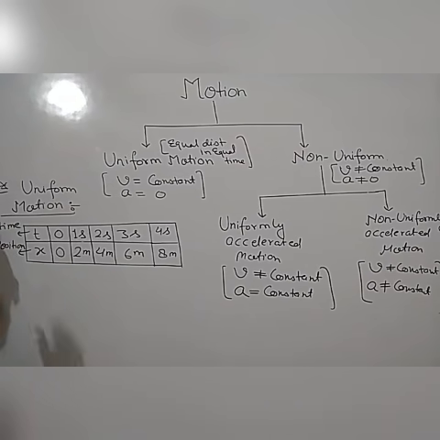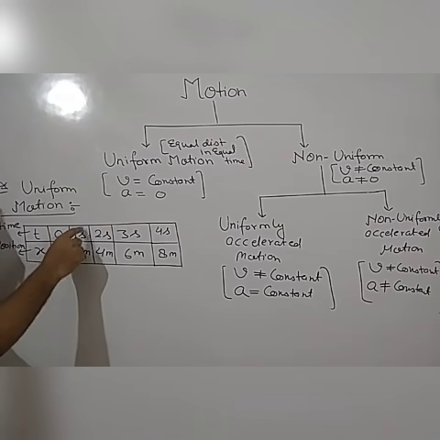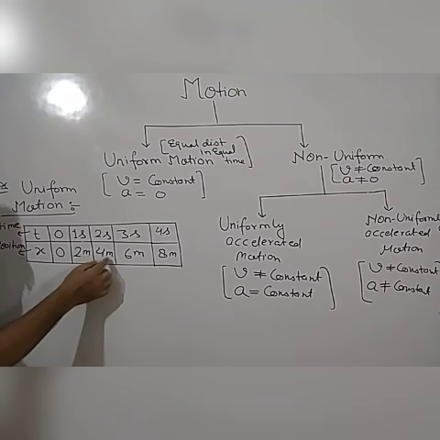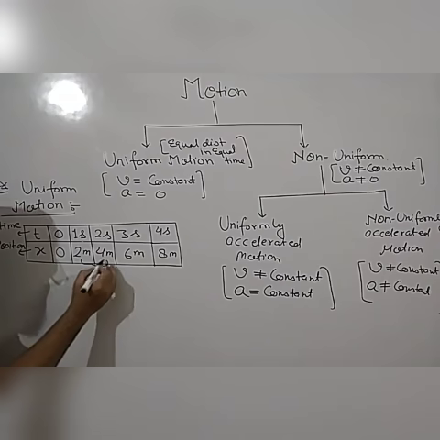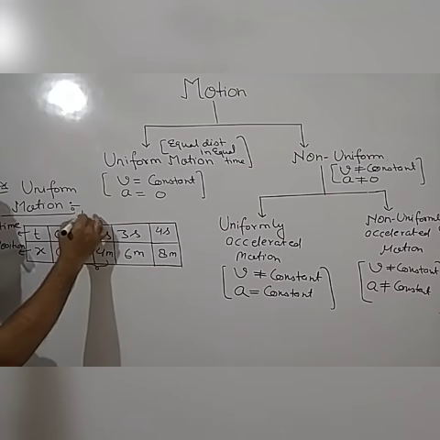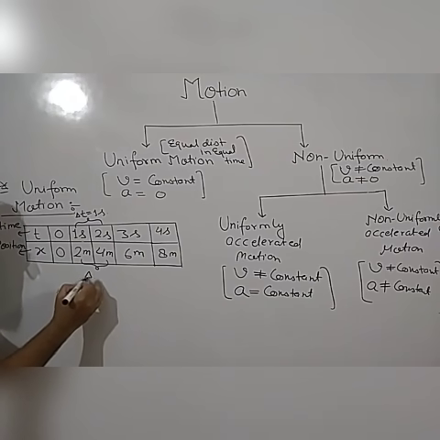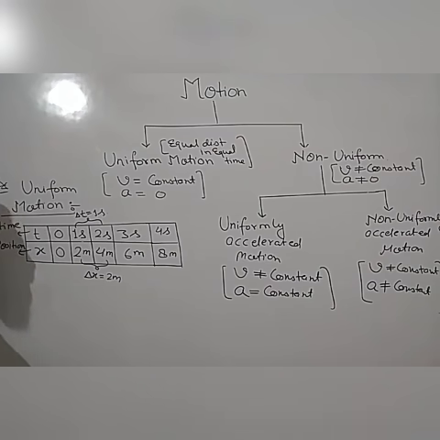This is just an example. Okay, for t equal to 0, displacement was 0, the position was 0. After 1 second, position changes by 2 meter. After 2 seconds, it changes by 4 meter. That means in this time interval, delta t is equal to 1 second. And what is delta x? It is 2 meter.